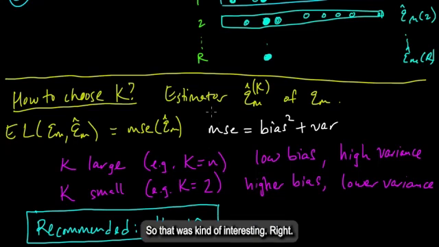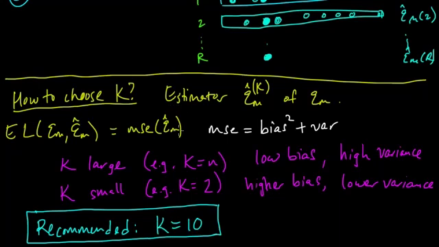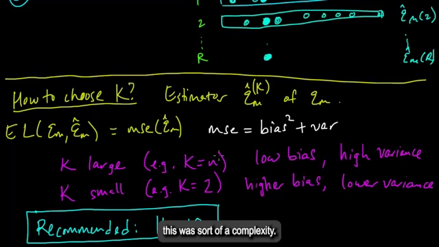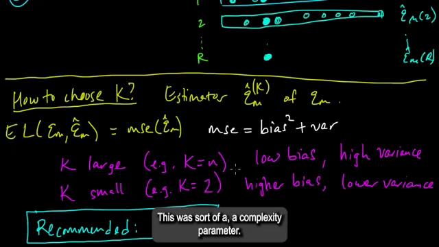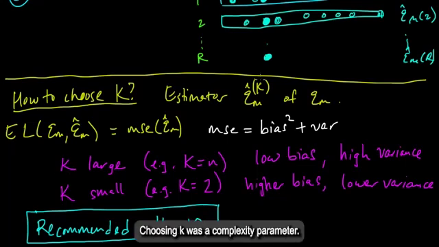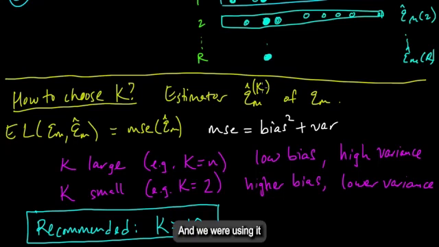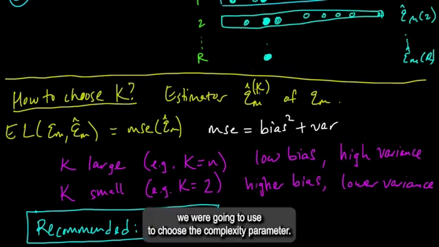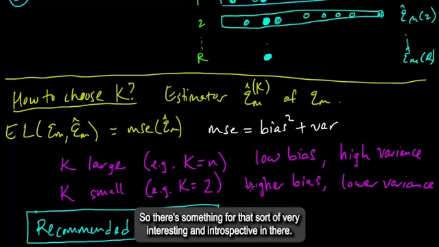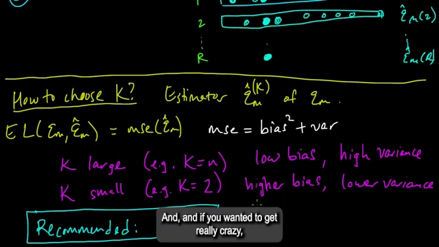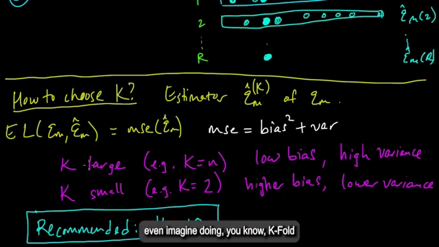All right, so that was kind of interesting, right? That was kind of cool, because it turned out that choosing k was a complexity parameter, and we were using a procedure to choose the complexity parameter. So there's something very interesting and introspective in there. And if you wanted to get really crazy, I mean, this would be totally silly, but you could even imagine doing k-fold cross-validation to choose k, right?